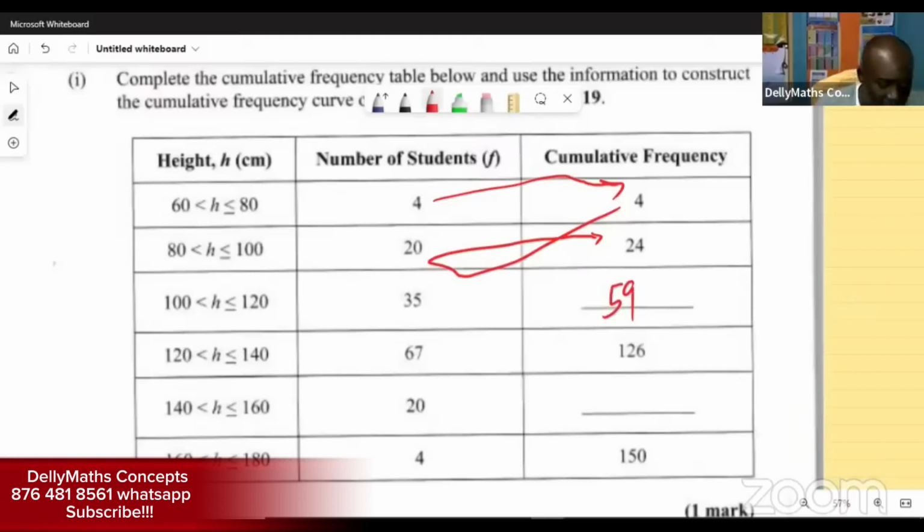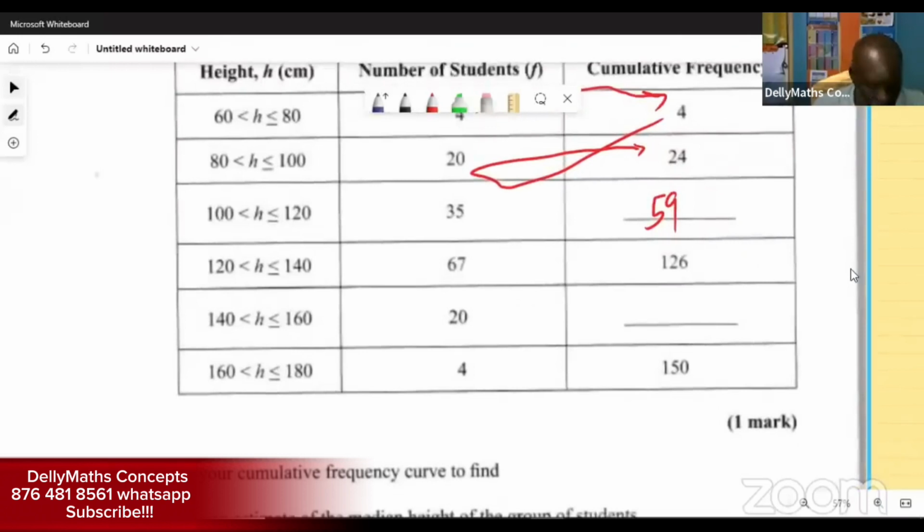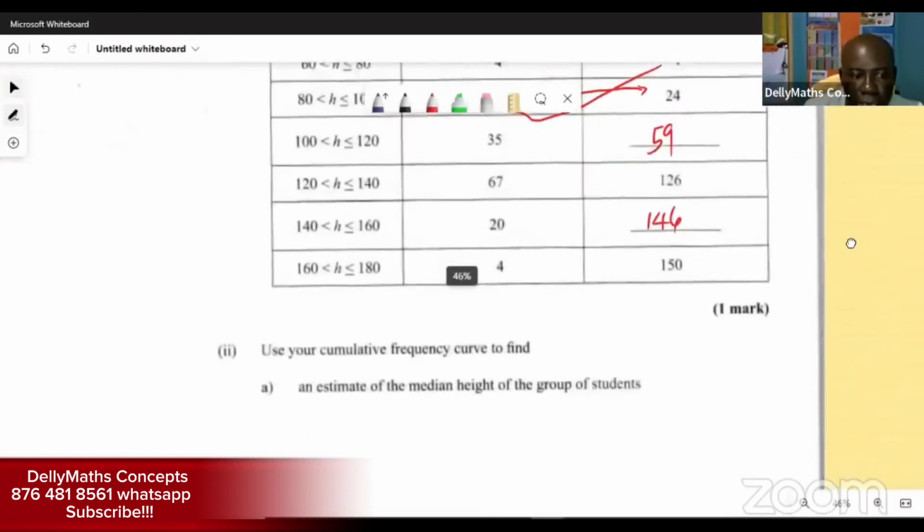If you add the 59 to the 67, you get 126. Then continue adding 126 to the 20, and this is 146. So there it is, we have 146 right there.